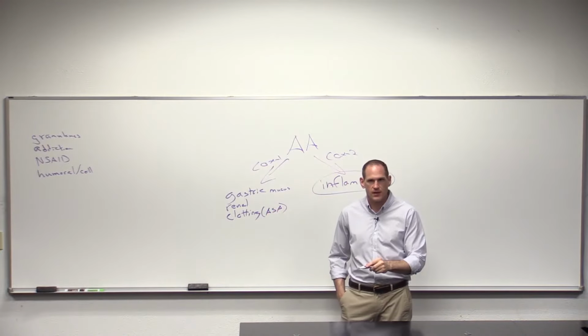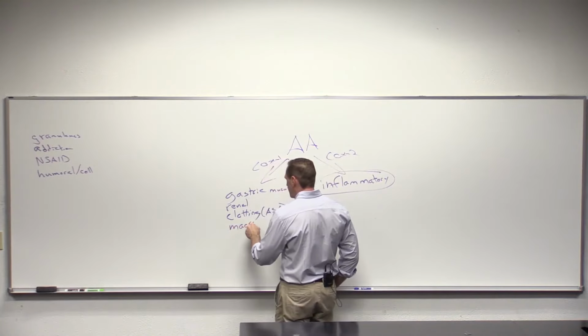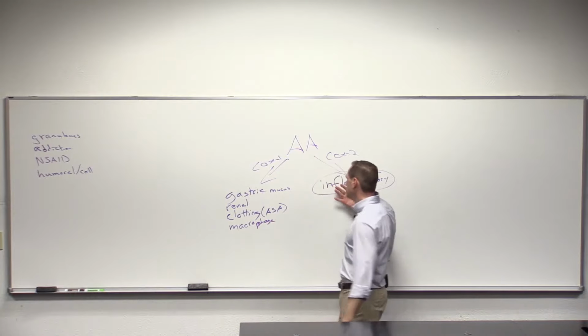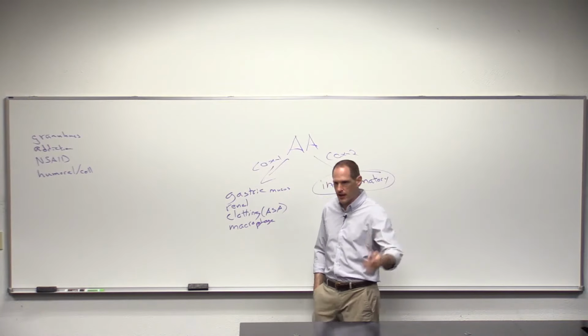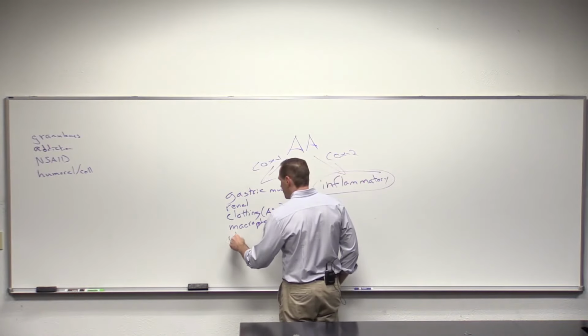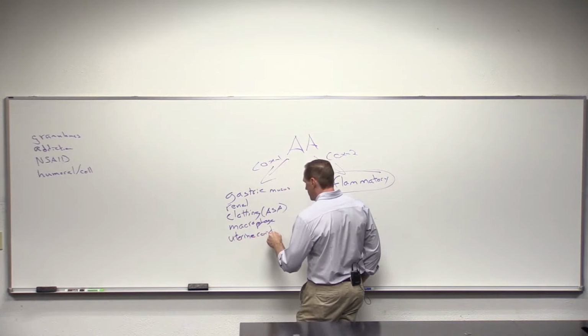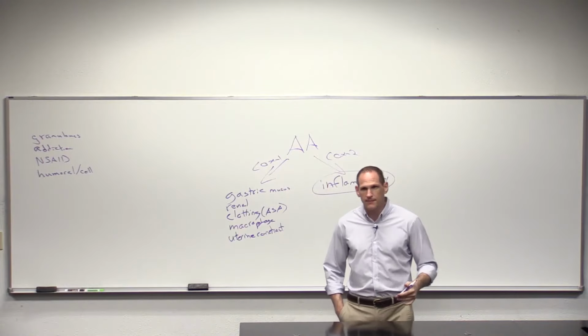Does that make sense? And then the macrophage function, that kind of goes along with the therapeutic over here, but you can pretty much ignore it. The last one would be the uterine contractions, and this one could be therapeutic, right?